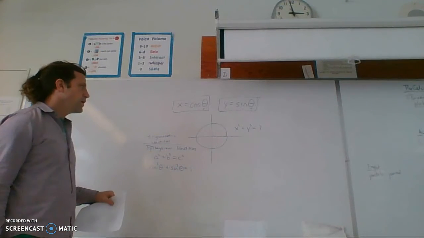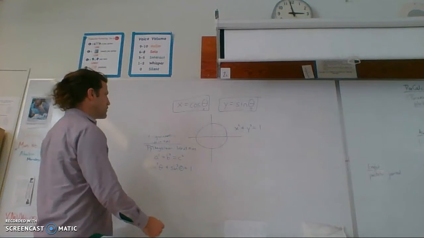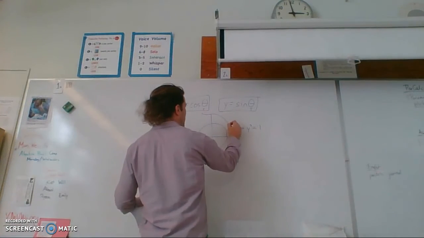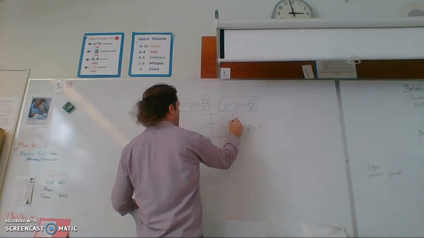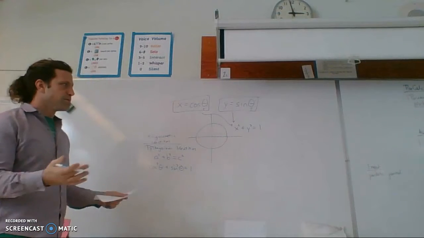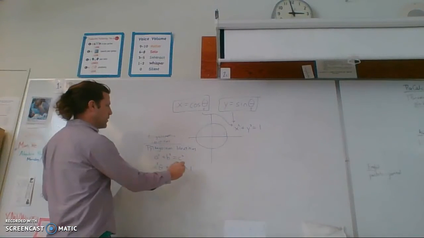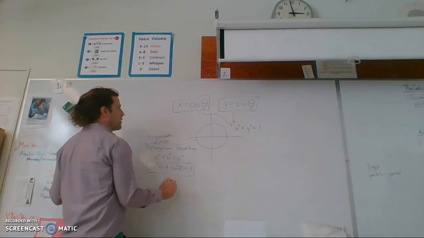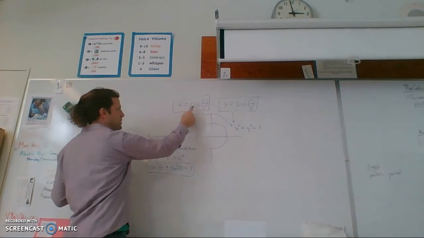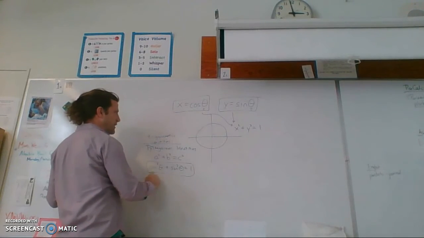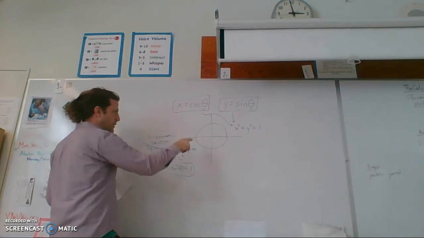And so that is where we get this. It's not through any substitution. It's through plugging the result of each equation into this trigonometric identity.